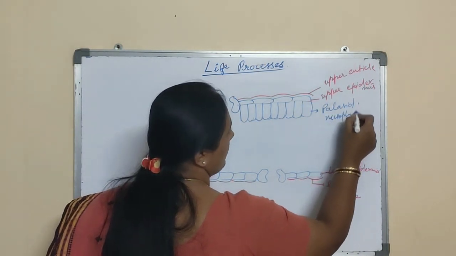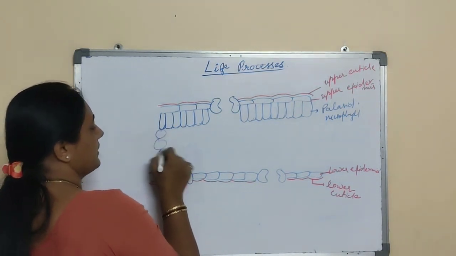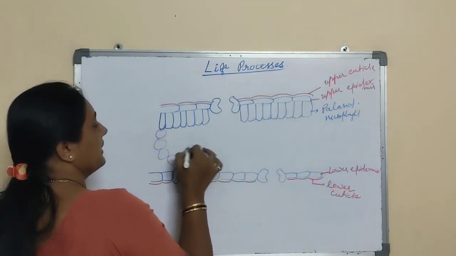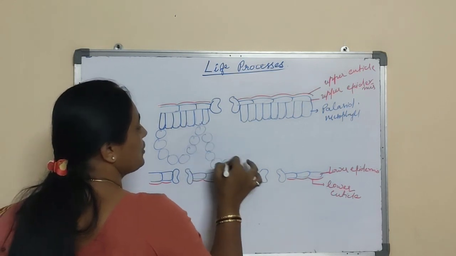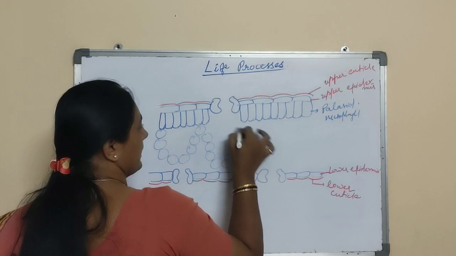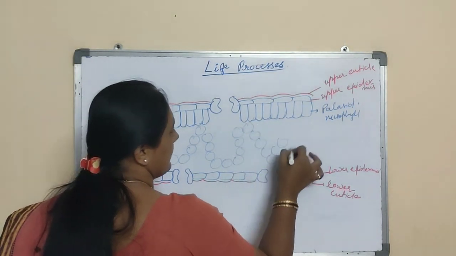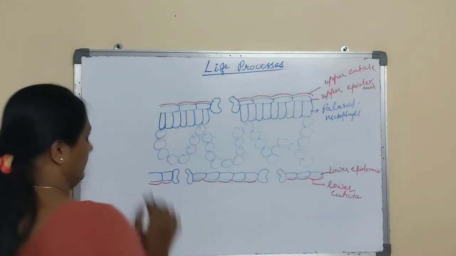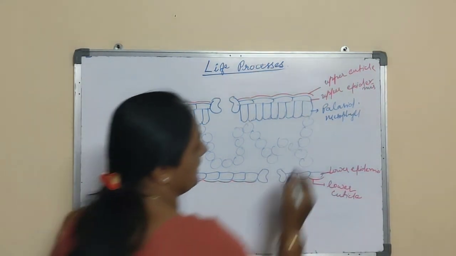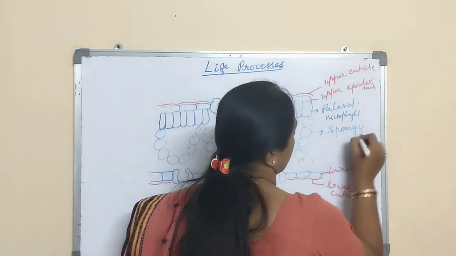Others are rounded, and we call them spongy mesophyll cells. These rounded ones are spongy mesophyll cells.